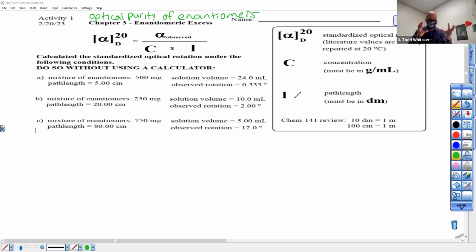L is the path length. How big is the container with the sample in it? How wide? It has to be decimeters. Now, we're not in Europe over here. They know decimeters like they use it every day. Here, nobody uses decimeters. Nobody. So you got a meter. What's a decimeter look like? Deci is 1/10, right?